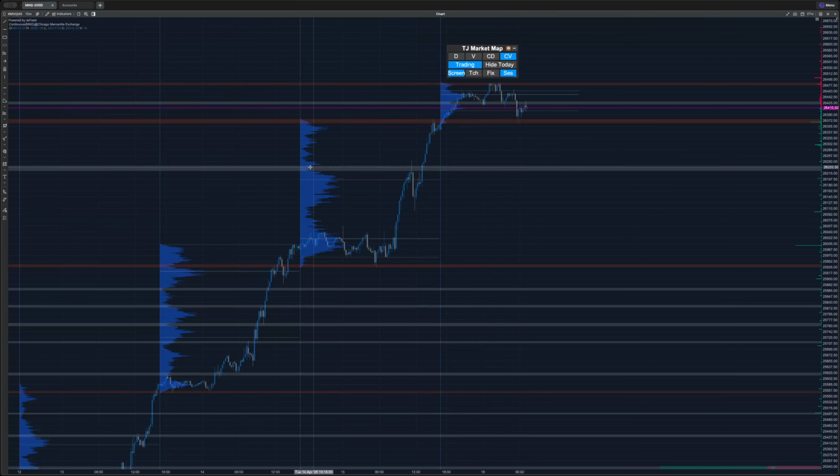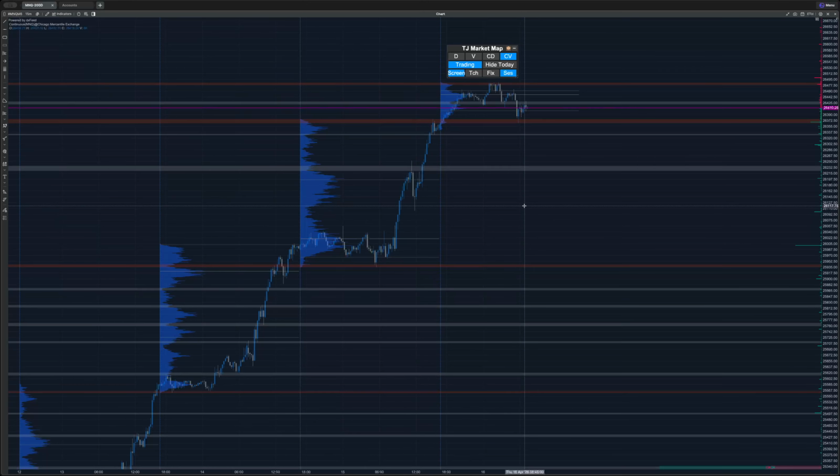Here, that's a low volume area. That doesn't mean I mark every low volume area, but the ones where the market reacted heavily. So here, once the market is in this range here, I guess it's gonna do what it's gonna do.